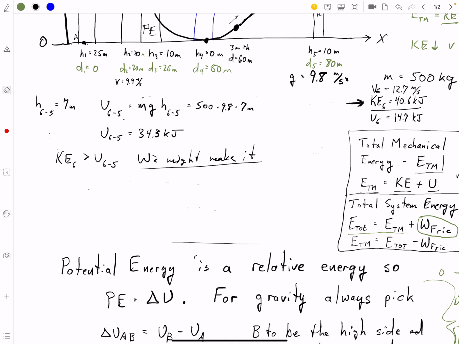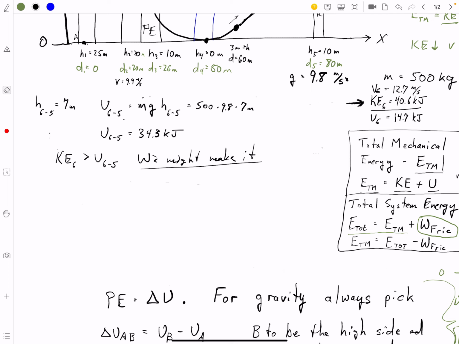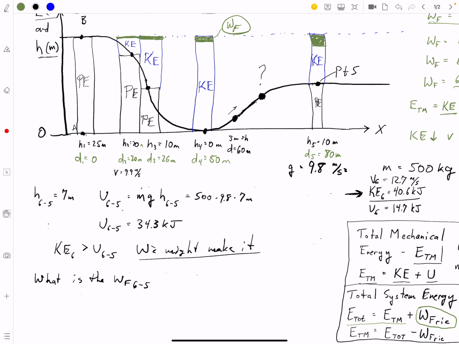Get a little bit more space here. All right, will we make it? I don't know. What is the work of friction from 6 to 5? We want to know from 6 to 5 how much friction energy we are going to lose.